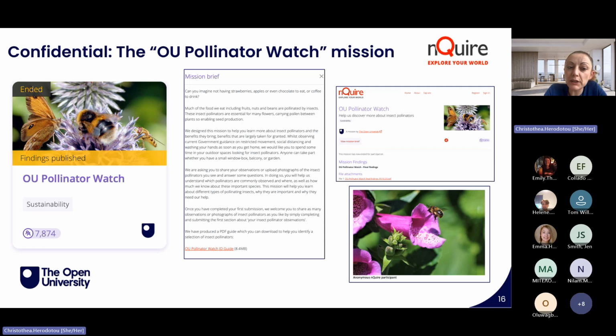Through the process, we wanted people to learn more about pollinators and try to preserve them and support them with the actions they take. And it was quite successful because it also encouraged people to get out of their homes and engage with nature while being in isolation. So it was one of the successful missions on nQuire in terms of number of contributions.